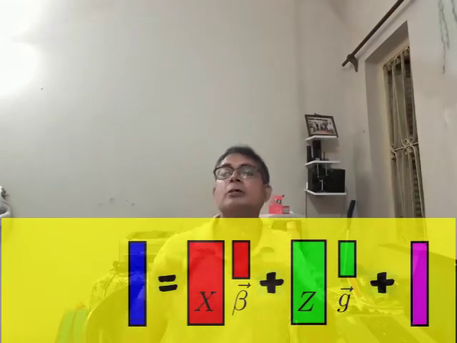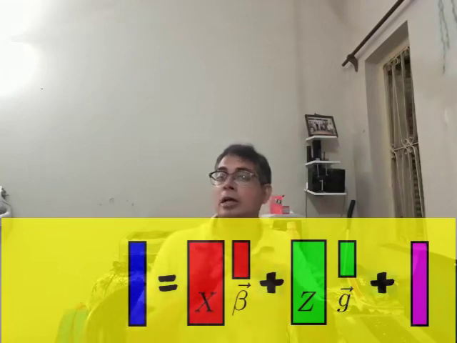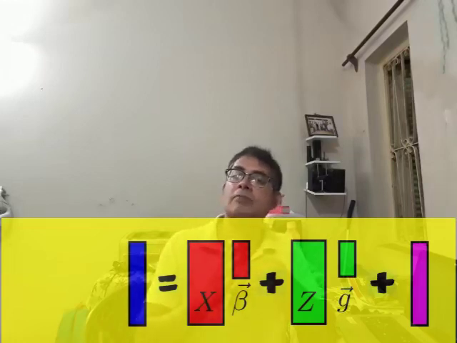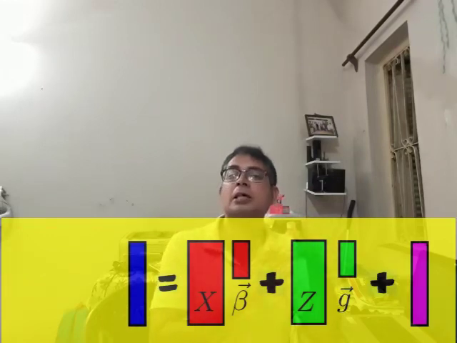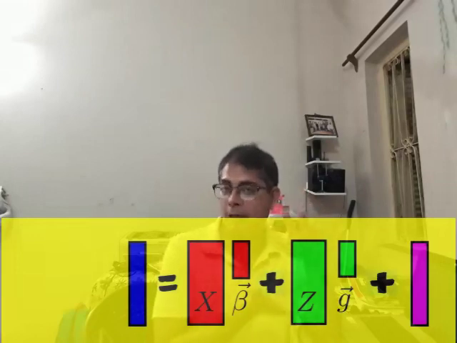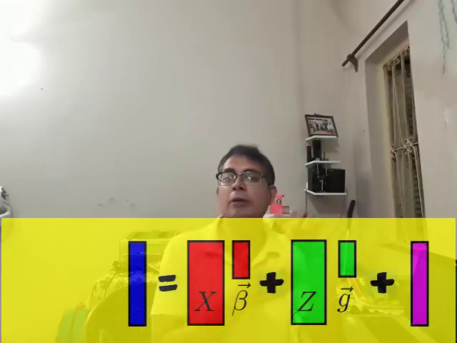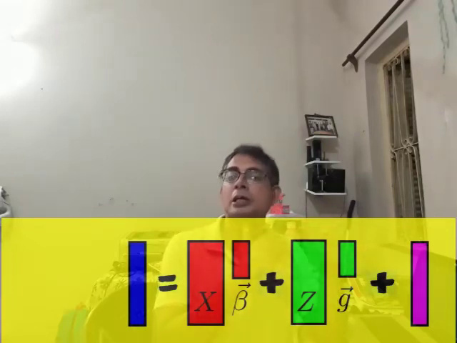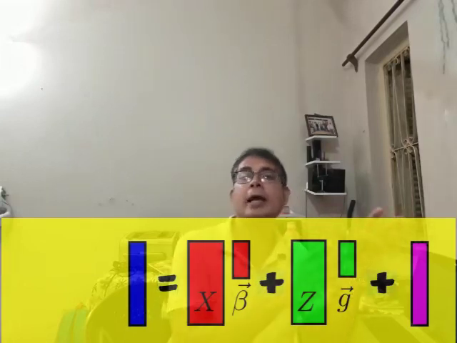Now I will give some new names. I shall consider the red part of the design matrix. Earlier the entire thing was X, but now I call only the red part X, with its corresponding coefficient vector beta. Plus the green part of the design matrix, I shall call that Z. Just like X, it is also a fixed known matrix, and the random part of the vector I will call G. Basically it was beta and gamma, and since I use English letters for the random quantities, I have used just G, plus epsilon as before.